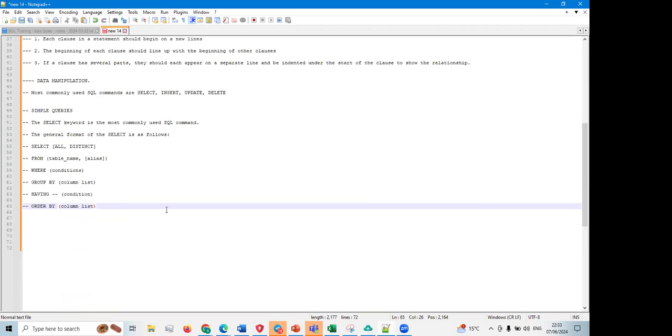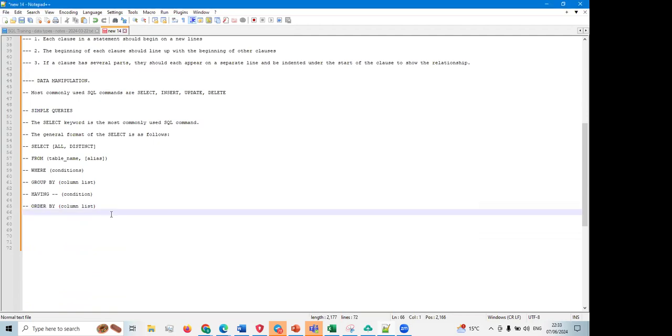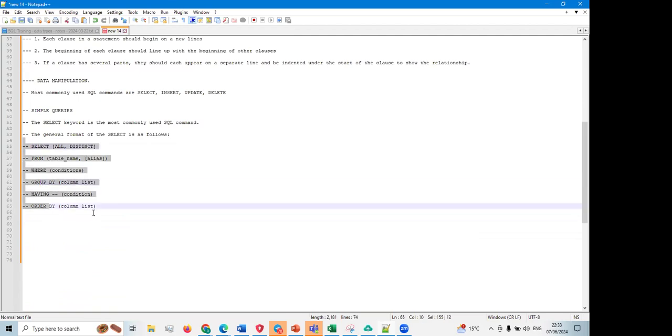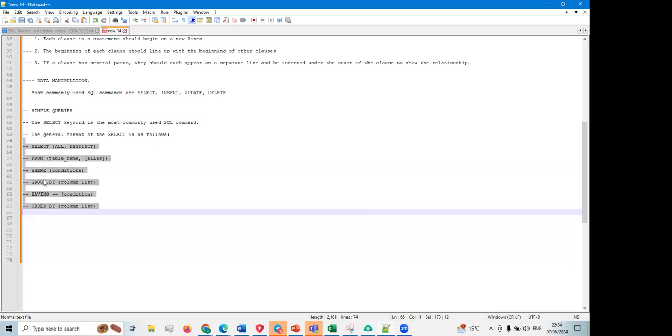Right. So this is the general format of the select command. All of these, from, where, group by, having, order by, are all related to select.